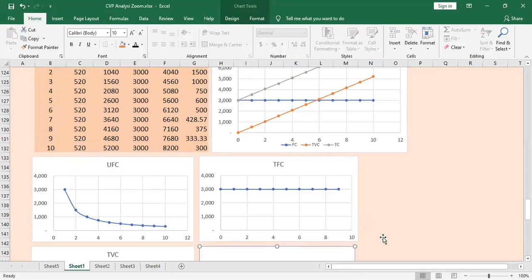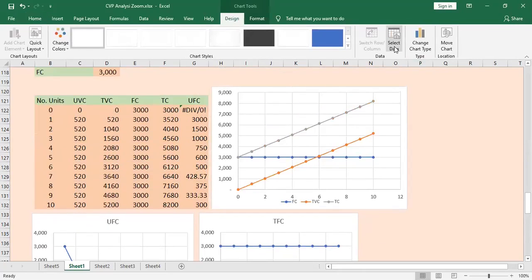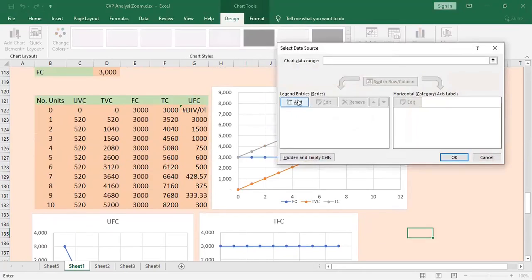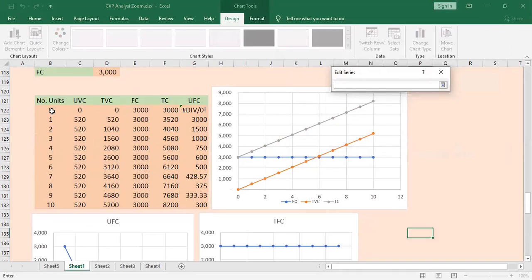Again, I'm going to plot unit variable cost. Number of units and unit variable cost is here. It is 520. Right.